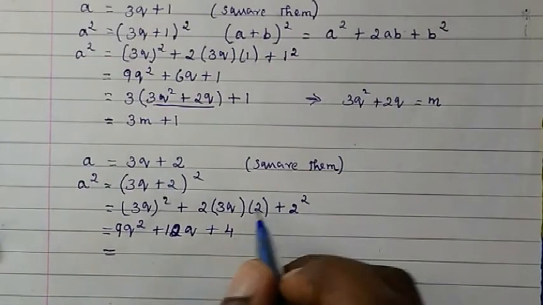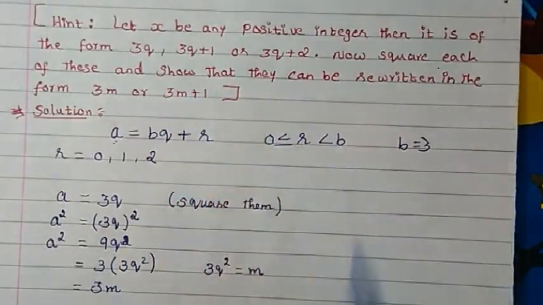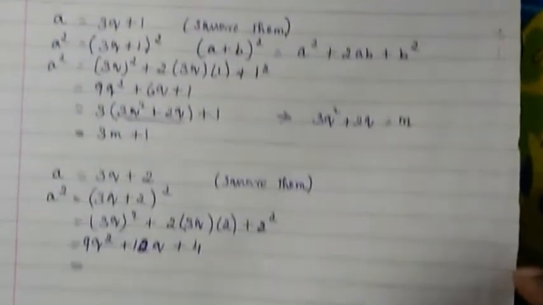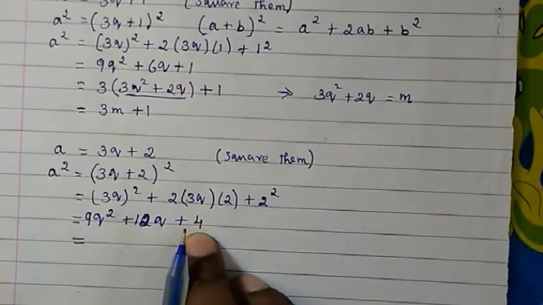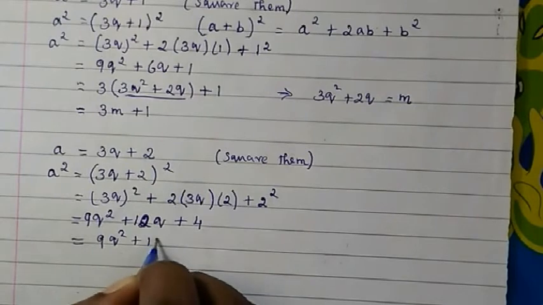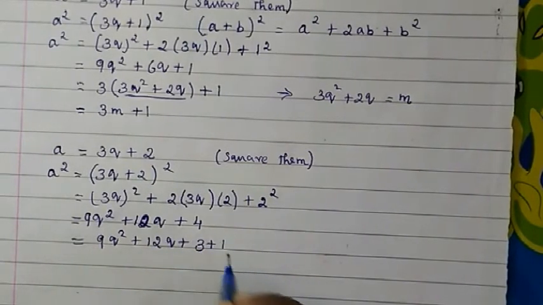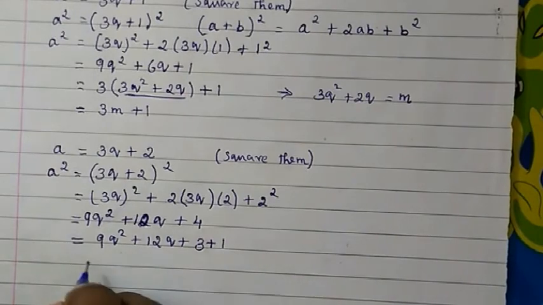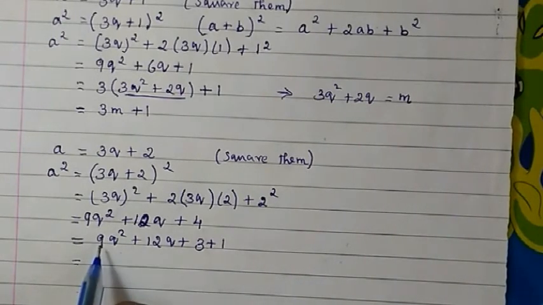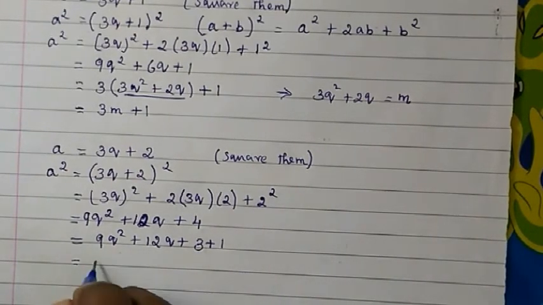So now again we don't want 4 here because we have to write it in the form of either 3m or 3m plus 1. If 4 is there, we won't be able to write it. Therefore, we'll rewrite this again. 9q square plus 12q plus 3 plus 1. Now 9 is divisible by 3, 12 is divisible by 3, 3 also divisible by 3.